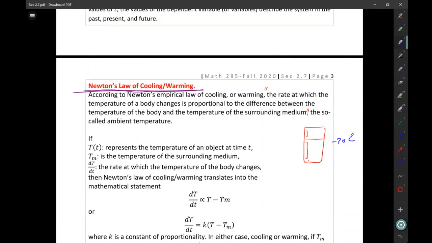But the room where you are sitting to drink your juice, the temperature of the room was, for example, 12 Celsius degrees. This is the room.